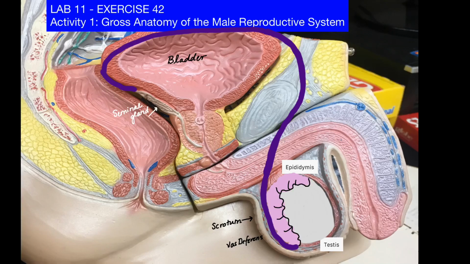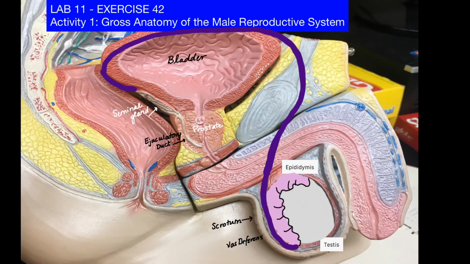Once we pass through the seminal gland, you can see that the tube changes name. It's now called the ejaculatory duct, and this duct passes through another accessory gland, the prostate.